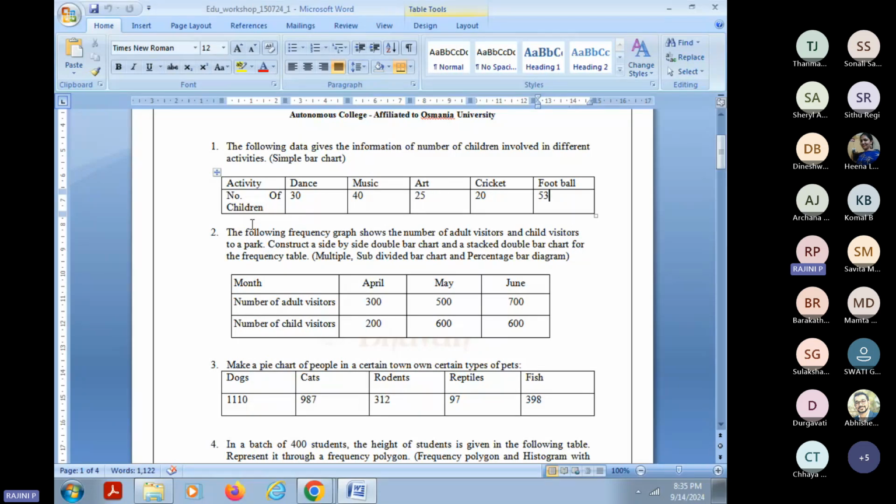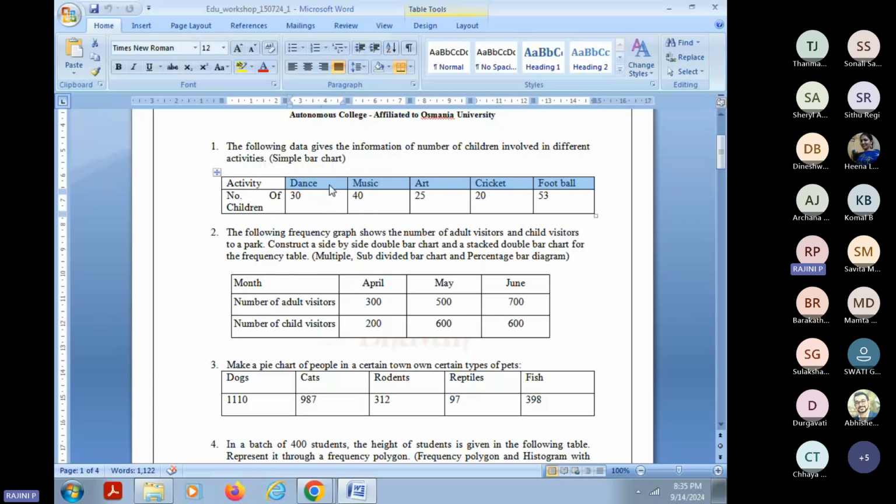Right? Now, here I wanted to represent this in a diagrammatic presentation. Before going for the visualization, check whether the data is qualitative or quantitative. Here I have qualitative data, activity. The activities are dance, music, art, cricket. These are different activities which cannot be measured.